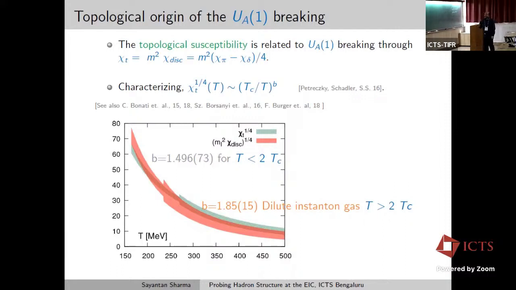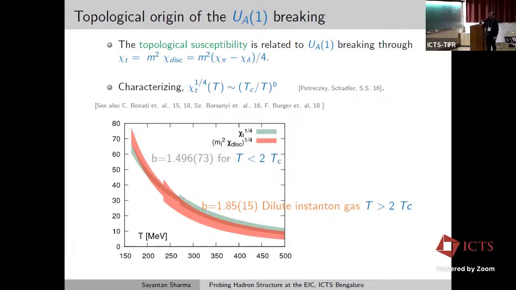But then in the chiral symmetry restored phase, these are equivalent. So the topological susceptibility is related to the disconnected piece of the chiral condensate times the quark mass squared. And this is the light quark mass squared that enters here. And by the chiral Ward identities, it's related to the chi_pi minus chi_delta that I showed in the last slide.